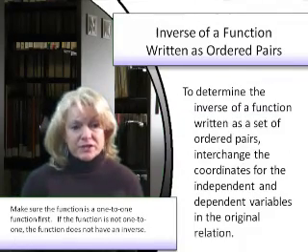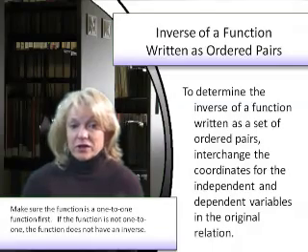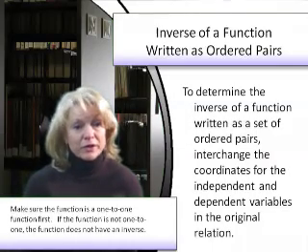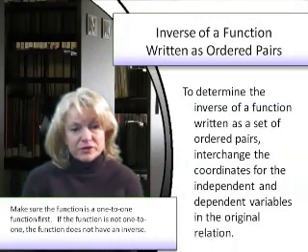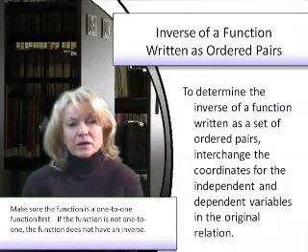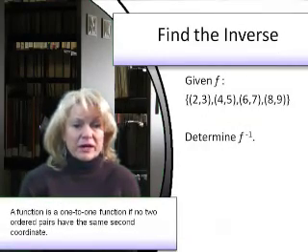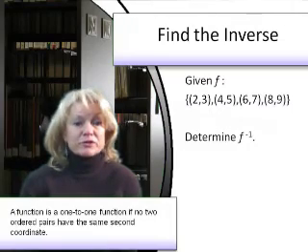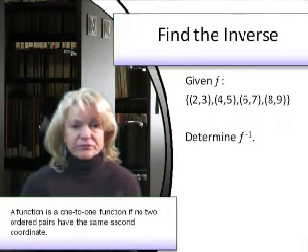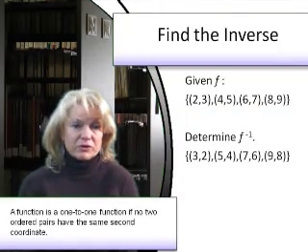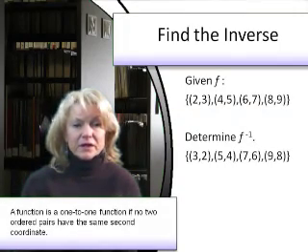If we are dealing with a set of ordered pairs, we are to switch the x and y coordinates to find the inverse. We know this function is one-to-one since all the y's are different. So to find the inverse, we simply need to switch the x's and the y's. And we now have the inverse of our function.